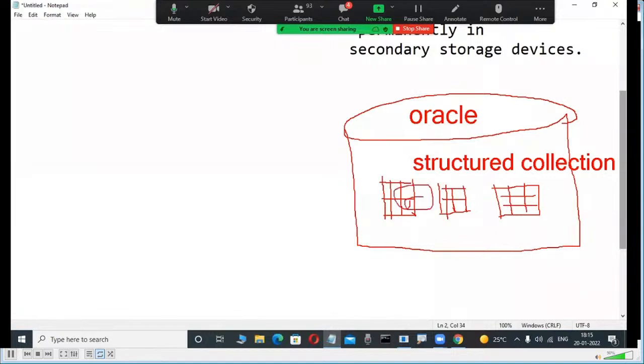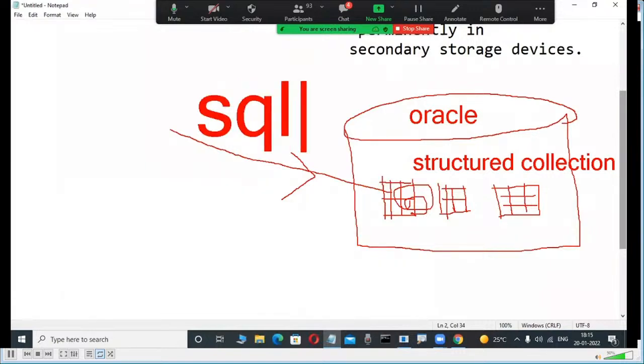Once a structured collection of data is there, to operate on this data some language is required. What is that language? Maybe anybody has an idea? SQL, Structured Query Language. Through this language only we operate on the structured data in relational databases.